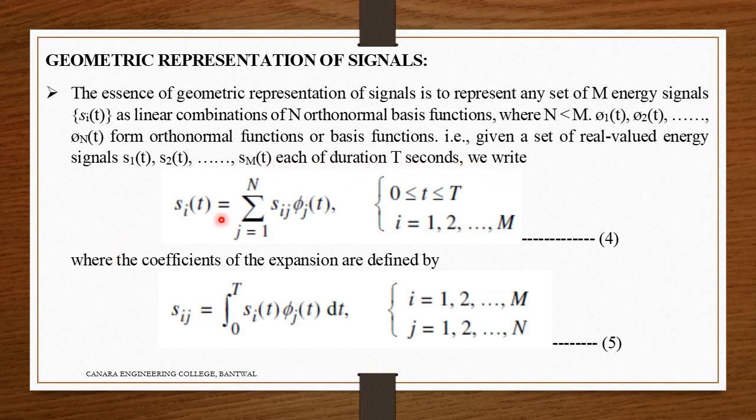We write s_i(t) equals the summation over j equals 1 to N of s_ij times phi_j(t), where 0 less than or equal to t less than or equal to T, and i equals 1, 2, up to M. This is equation 4, where the coefficients of the expansion are defined by s_ij equals the integration from 0 to T of s_i(t) times phi_j(t) dt, for i equals 1, 2, up to M, and j equals 1, 2, up to N. This is equation 5.